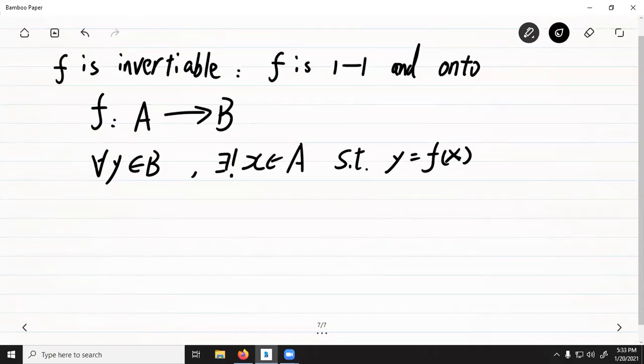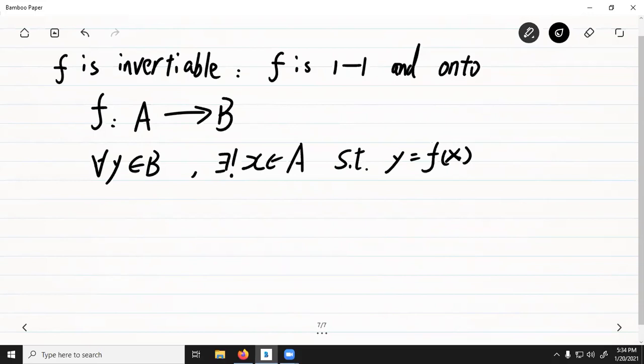Okay, such that y equals f of x. So this is called 1-to-1. So this B is our image, the range, not just the codomain. It is the range exactly.